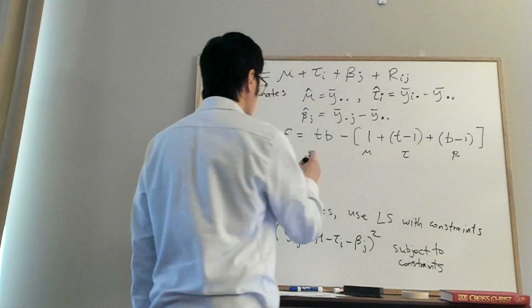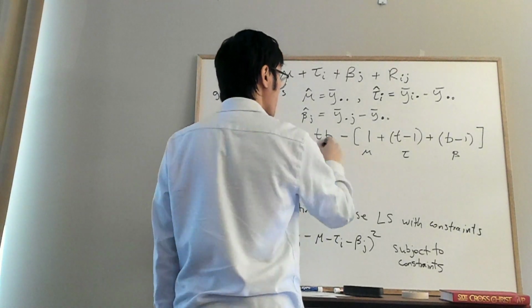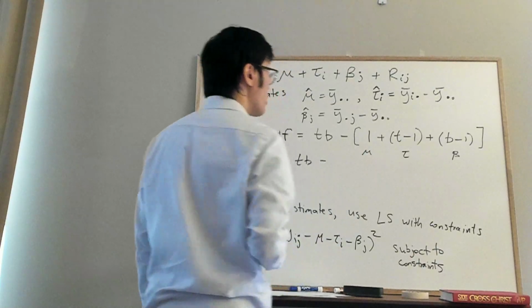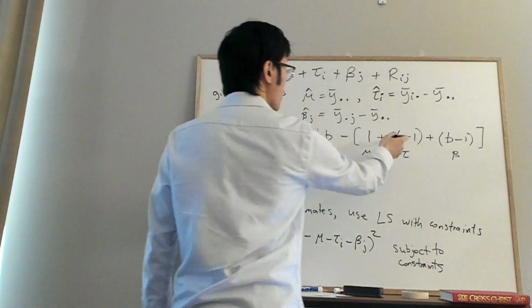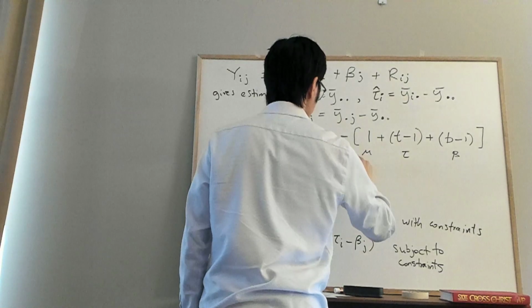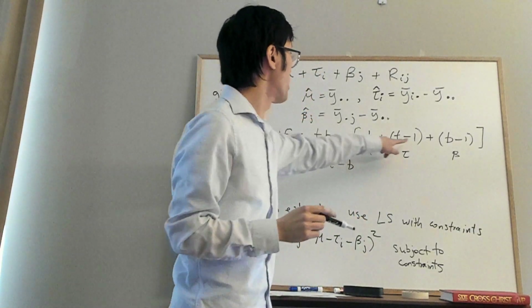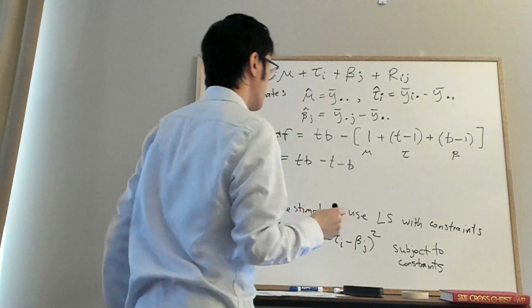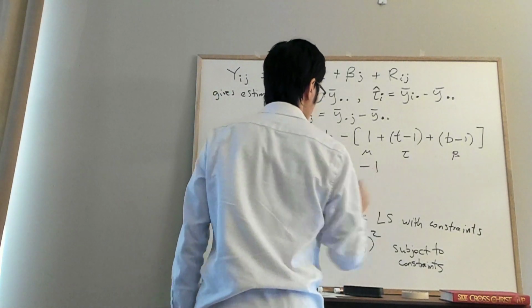Okay, so we simplify that a little bit. We have T times B, minus T, minus B. And then I have 1, minus 1, and then minus 1.